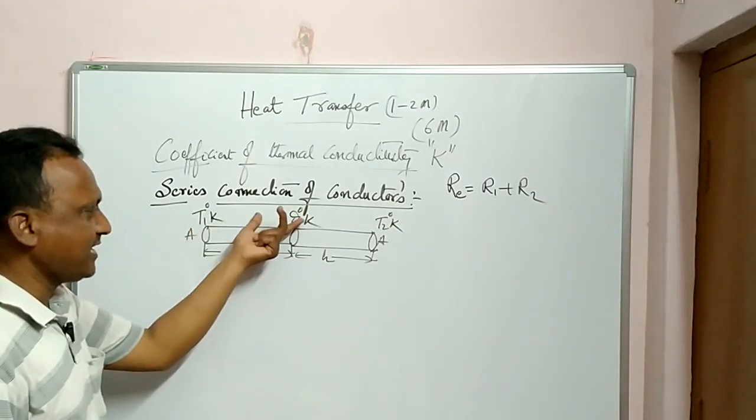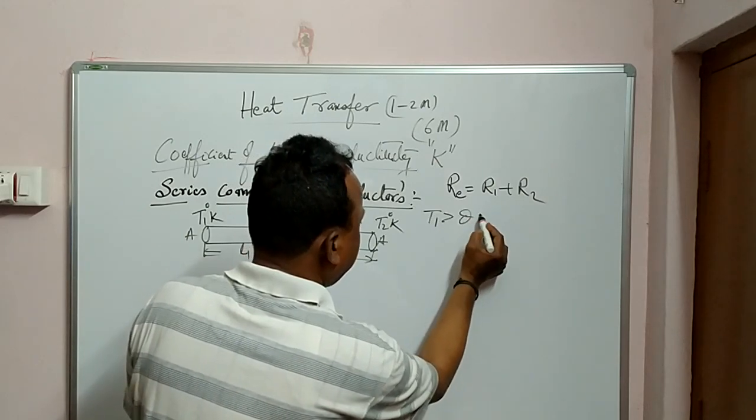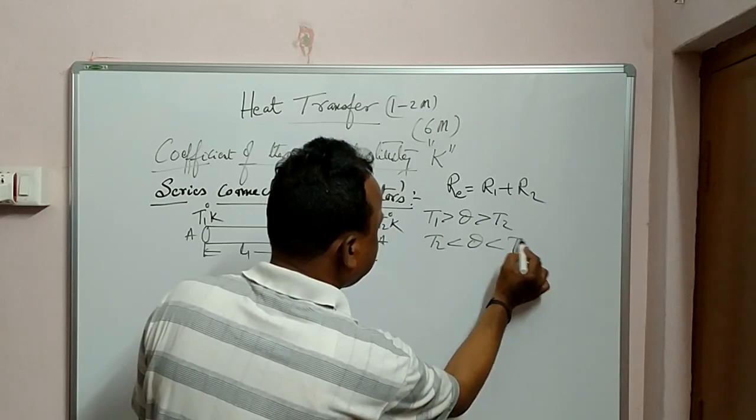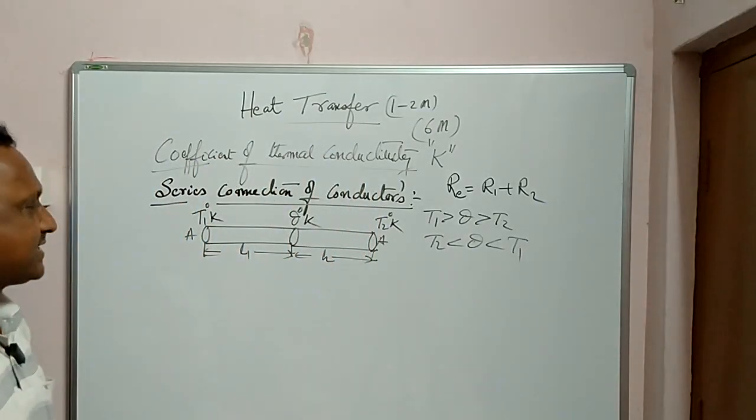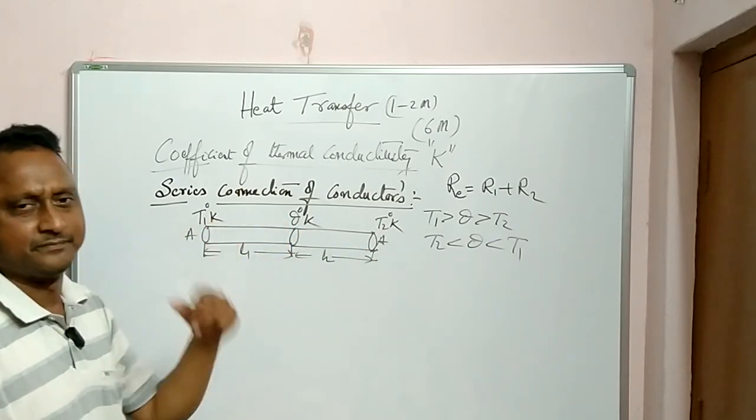So T1 is greater than theta, and theta is greater than T2, after attaining a steady state. Here the temperature will be more, next here, and last here.